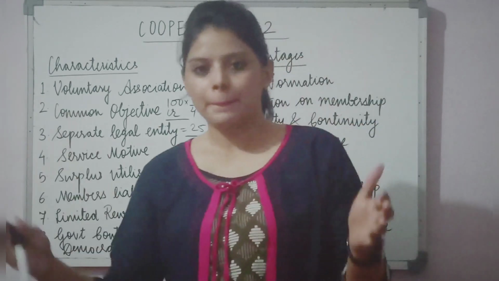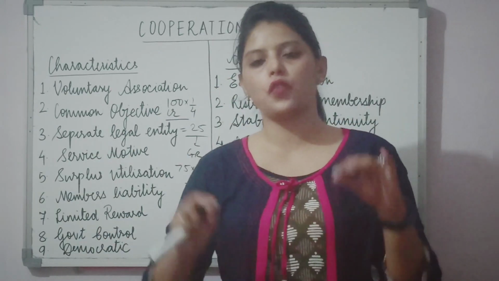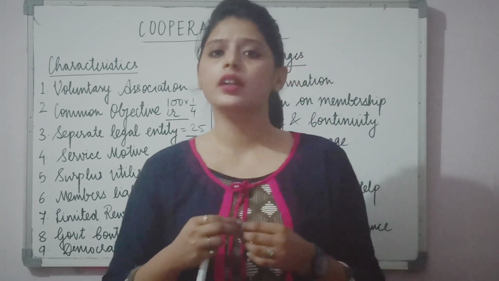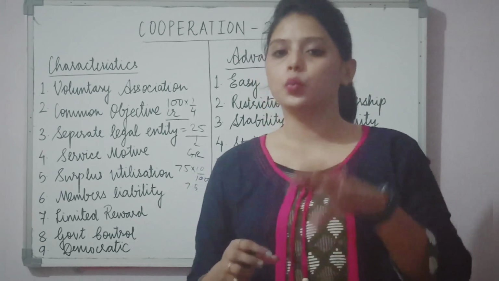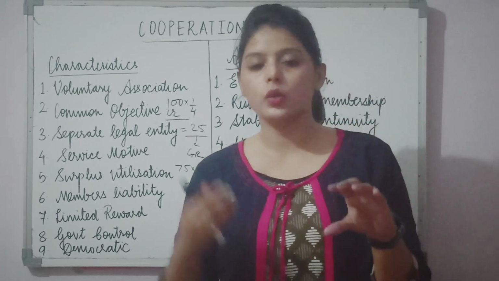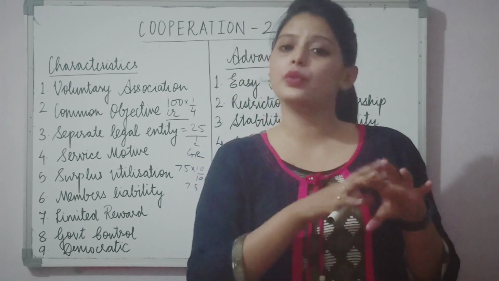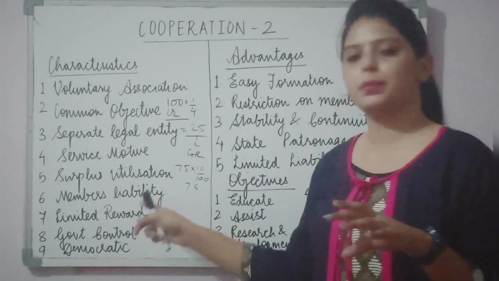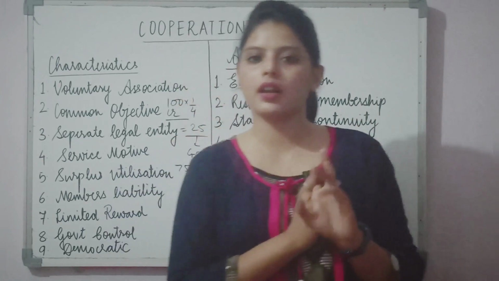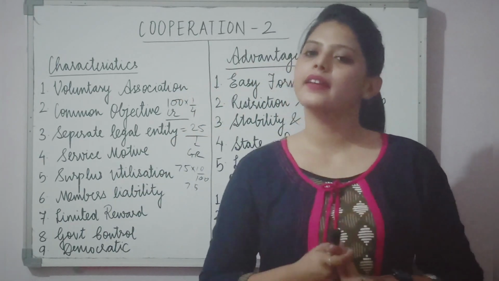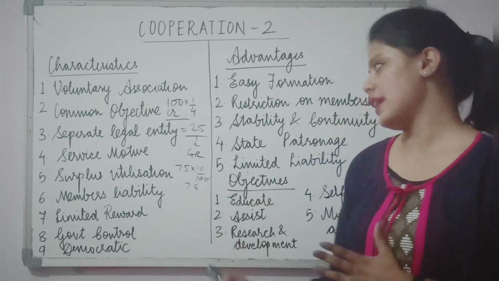When the members of a cooperative society invest, वो अपना capital provide करते हैं for forming the association, तो in return they expect some gain. Obviously it is a secondary purpose but they expect a gain. तो उन्होंने जितना capital contribute किया है उसके ऊपर उनको dividend मिलेगा. So that is the work of surplus utilization, how the surplus is utilized. So the main basic purpose क्या है? General reserve में transfer करना one fourth of the amount of the surplus, and the second thing is distributing dividends to the members who have contributed capital for the formation of the cooperative society.